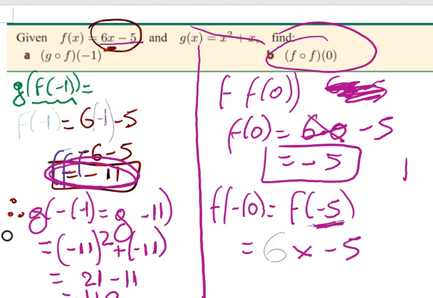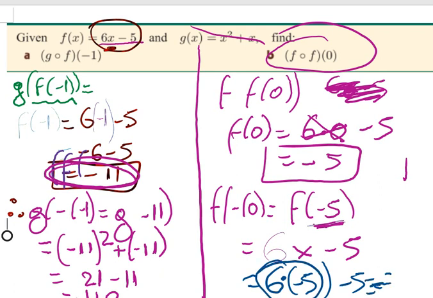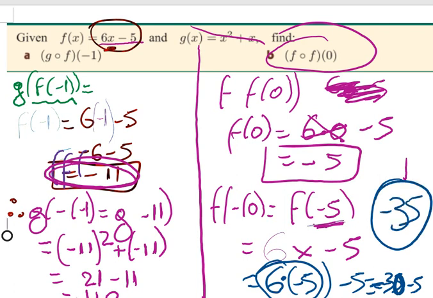So I go 6 times minus 5, minus 5, which will be something we know very well. This is minus 30, minus 5, altogether equals minus 35. This is the example of the book.